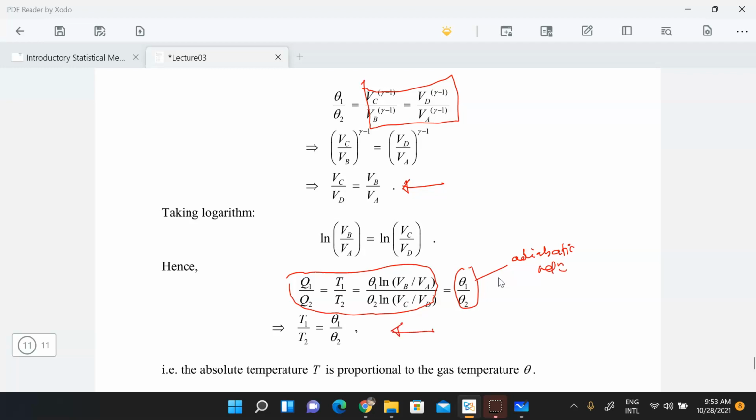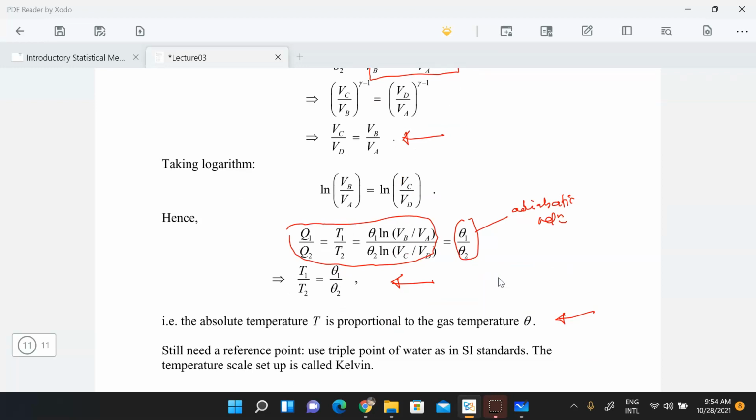It says the ratio of the absolute temperatures is actually equal to the ratio of your gas temperatures. So effectively, it says it's not the same scale, but it is proportional. It's only proportional to the gas temperature.